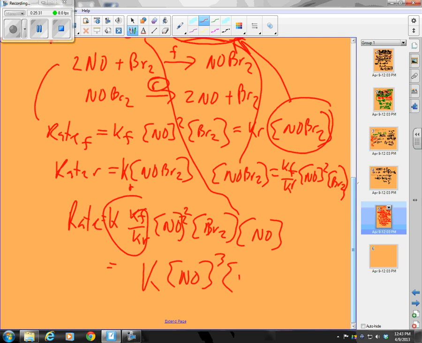Cubed, concentration of Br. There we go. So that is how we figure that out. I hope I did that right. Somewhere I have a mistake. Shoot. Oh, right here. There shouldn't have been a 2 there. Sorry about that. So that makes that a 2. There we go. So that's how you do it.